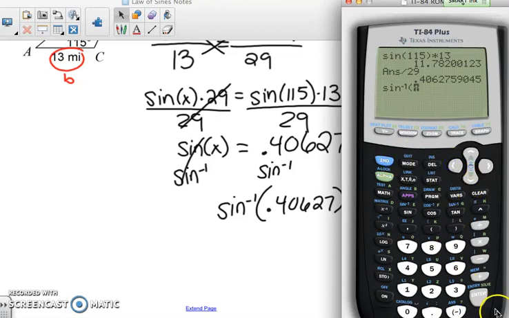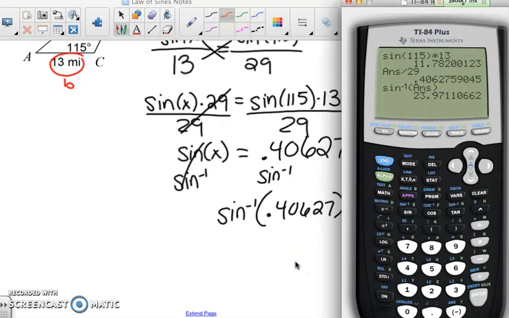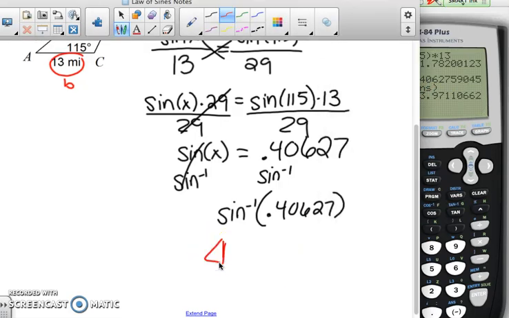Go back, second, negative. It'll put in this answer without a rounding error. Or you could type in the whole thing. But basically, you should get 23.97. So we're going to say that's about 24 degrees. So angle B is approximately 24 degrees.